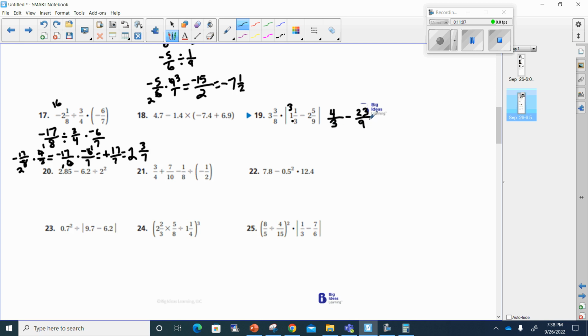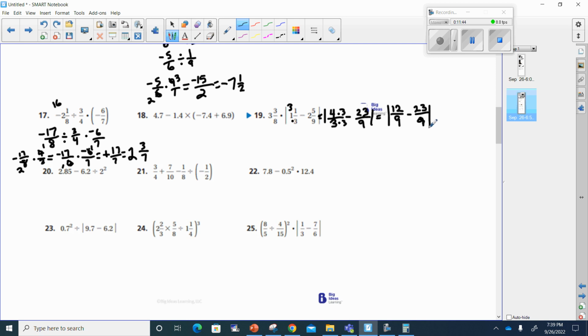All right. We need a common denominator. Remember, this is the absolute value. And this is going to be equal to, remember, we can multiply this by 3 over 3 to give us a common denominator. That gives us 12 over 9 minus 23 over 9. When my signs are different, I find the difference.